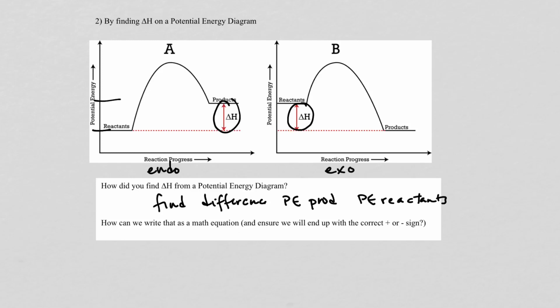But how can we write that as a math equation and ensure we're still going to end up with the correct positive or negative sign? Well, there's an equation to find enthalpy if you know the potential energy of the products and you subtract the potential energy of the reactants, and I'm going to use an abbreviation here, RXT, for reactants.